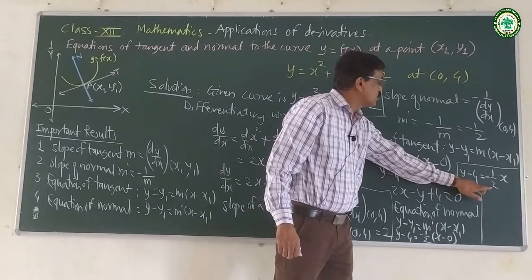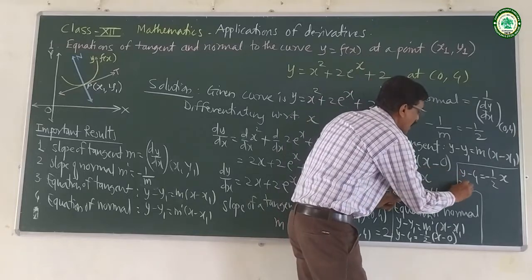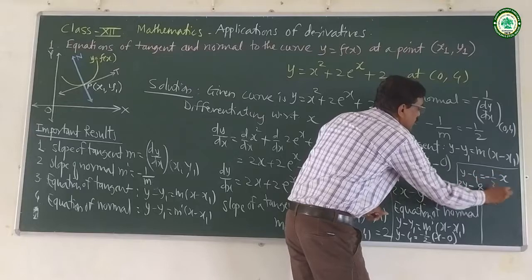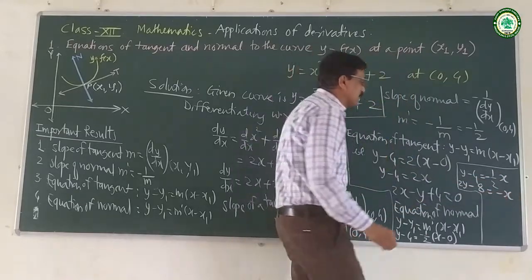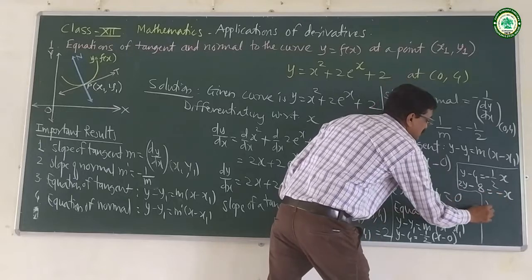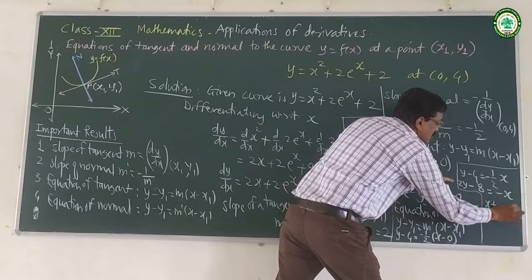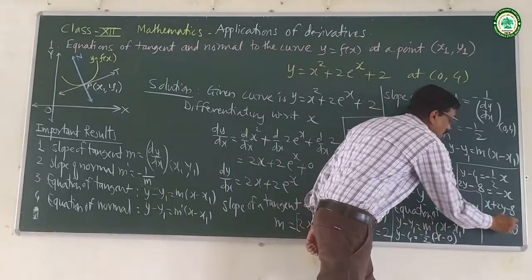Transfer this 2 to the left side, 2 into y, it is 2y, 2 into 4, it is 8, is equal to minus 1 into x, minus x. Take minus x to the left side, make it plus. So it is plus x, plus 2y, minus 8 is equal to 0. So this gives us equation of normal to the curve.